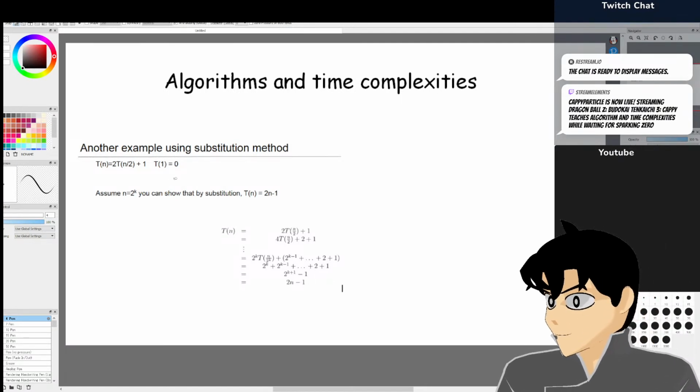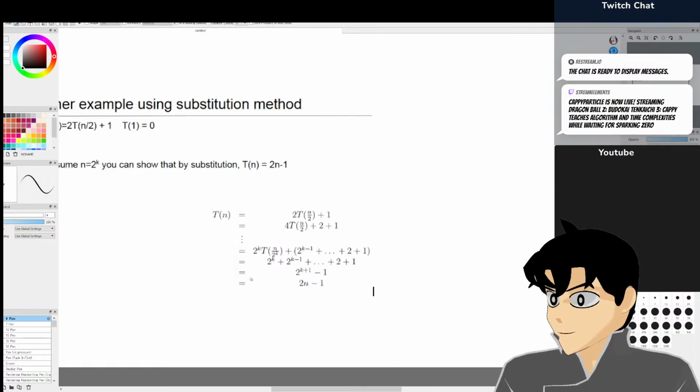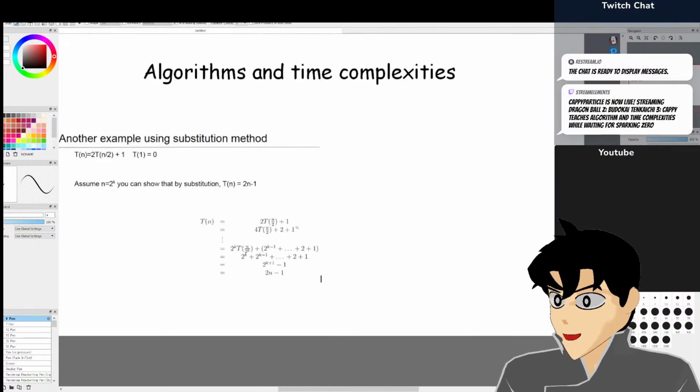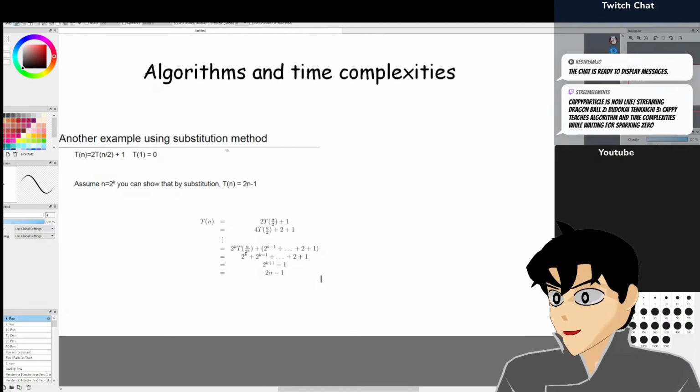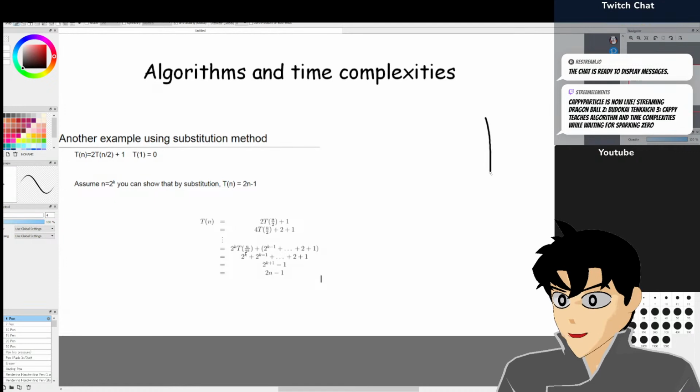Okay. So with the substitution method, actually, I can combine both the substitution method and the tree method, recursion tree.